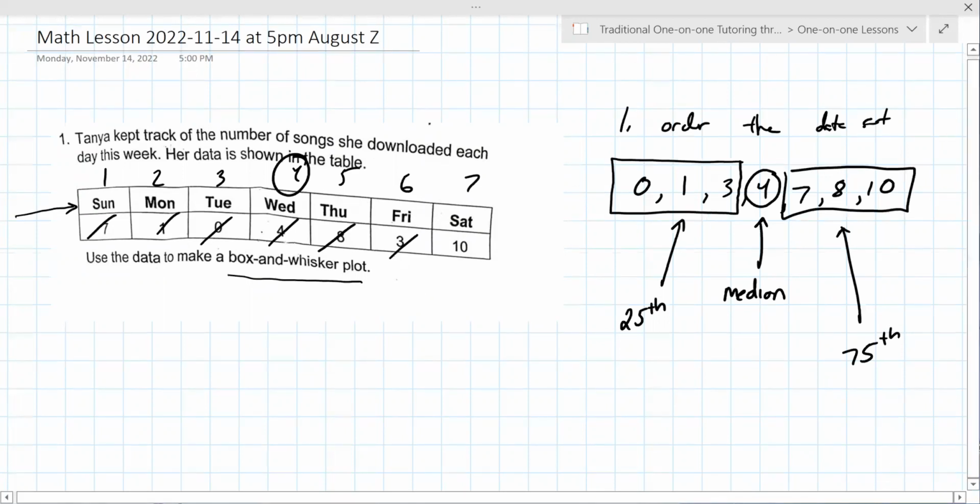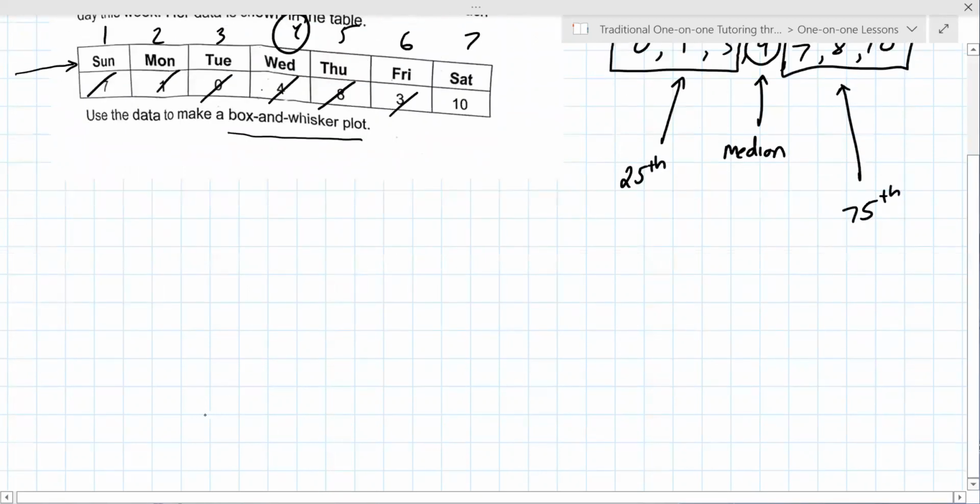Okay, so what I'm going to do down here is I'm going to put 4 right here in the middle, so we know where we're starting. This is the median right here. You draw some sort of a line for the median. And then the 25th percentile was 1, so we're going to go back 3, 2, 1.